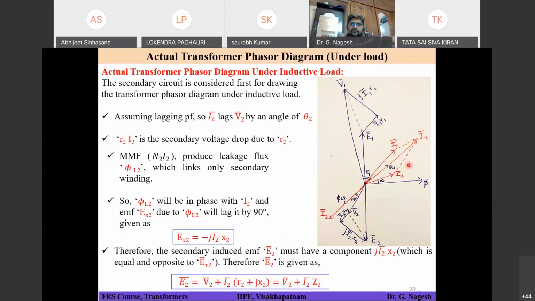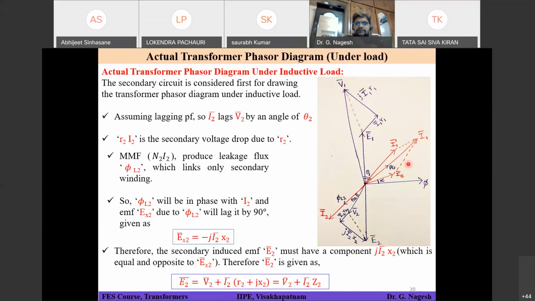Sir, before we talk about that, IE for an ideal transformer would be 0, no, sir? IE for an ideal transformer is never 0. Sir, in the slide, you said that IE will be in phase with phi. Yes, IE will be in phase with phi. IE magnitude is not equal to 0.